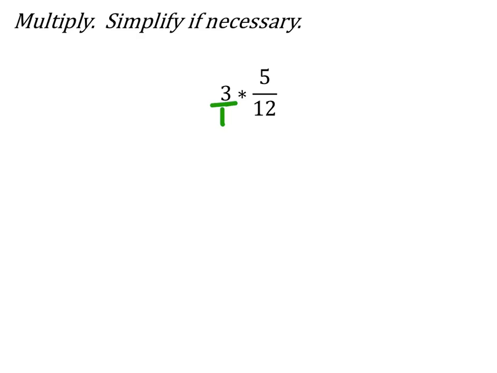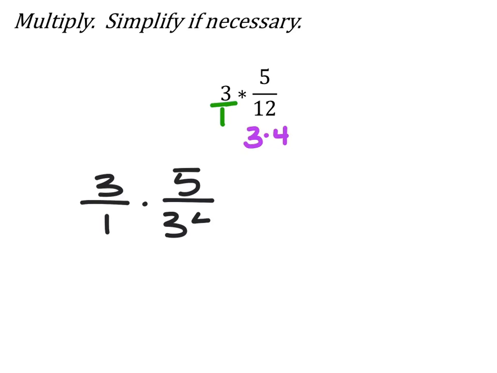Now, if I were to use cross-simplification on this one, I would probably take that 12 and split it up into its prime factors. Again, it's not necessary that you split it up into its prime factors, because I know 12 could split up into 3 times 4. So if I were to rewrite this, I'd have 3 over 1 times 5 over 3 times 4.